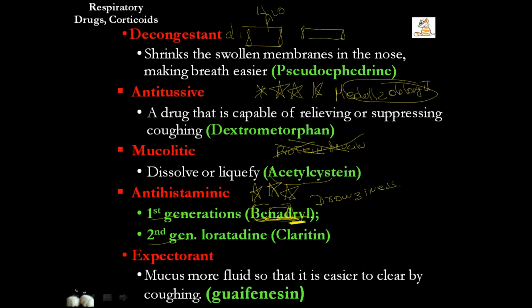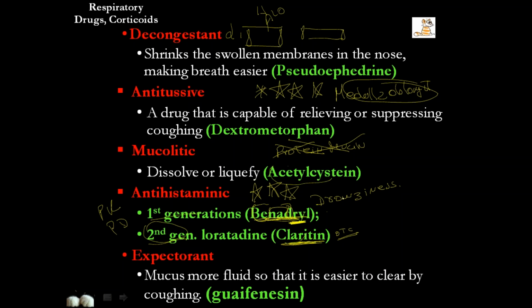Okay. All right. So second generation, loratadine, is Claritin. Claritin is still OTC. You remember the pharmacokinetics and the pharmacodynamics are obviously going to be better in the second generation antihistaminics.